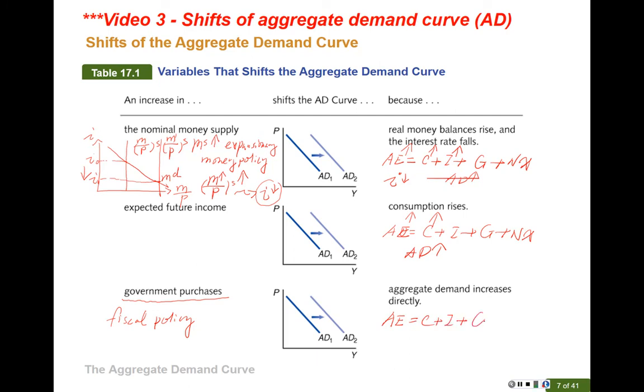With this equation, it's pretty straightforward. Other things remaining the same, if the government spending increases, G goes up. So aggregate expenditure goes up. Means the demand for the goods and services from the whole society, aggregate demand, goes up. That's the reason when you look at the graph, the aggregate demand curve will shift to the right.